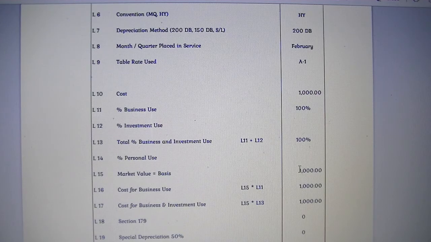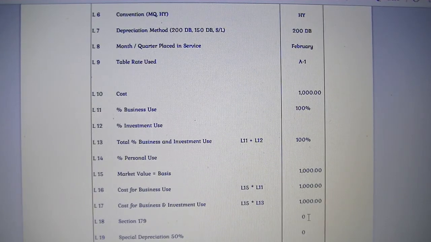The market value will be the same as the cost because you place in service the same year, so you'll enter 1,000, and the cost for business use will be 1,000 times 100% on line 11, and cost for business use and investments use will be 1,000 from line 15 times line 13, the percentage of business and investment use. That'll be 1,000.